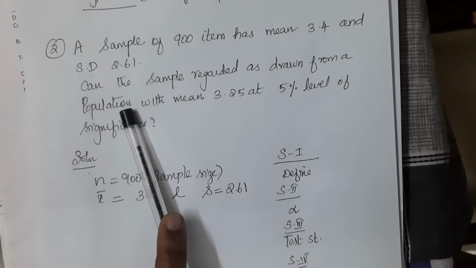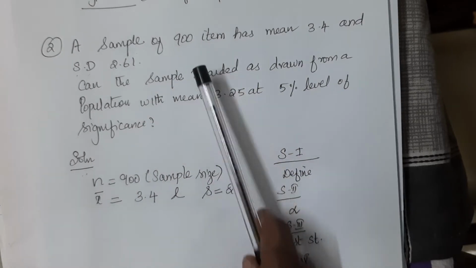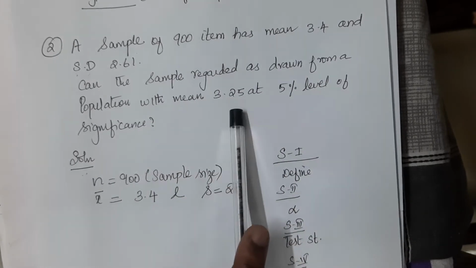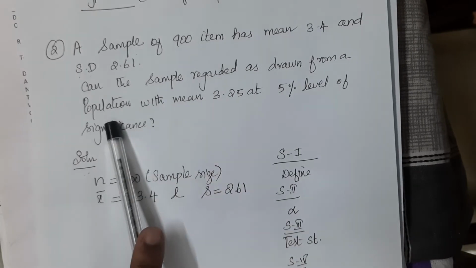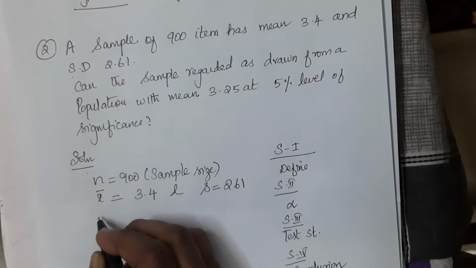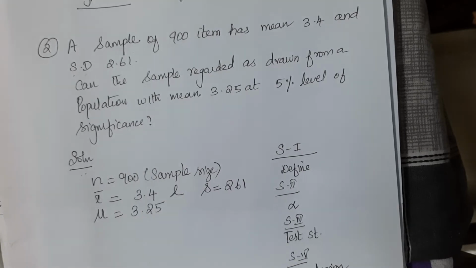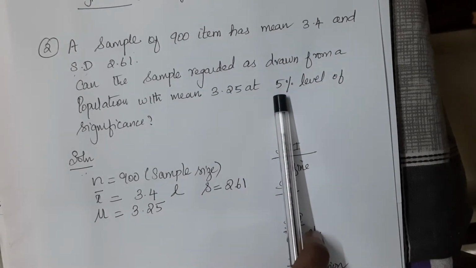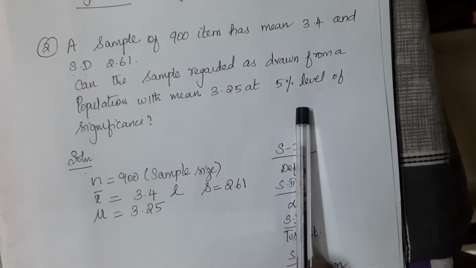To proceed further, the question is, can we consider this sample taken from a population whose mean is 3.25? So the population mean is denoted by mu, where mu is equal to 3.25. Test this sample at 5% level. The first example did not state the level of significance.